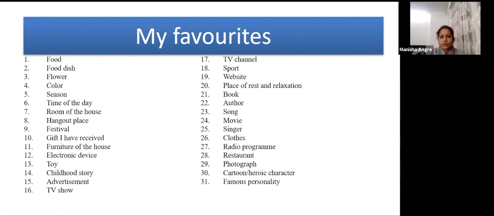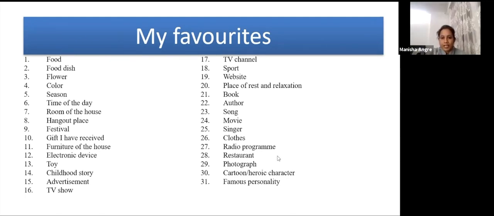You would be able to speak much on that. Songs, movies, singer. Clothes, radio program. People like to listen to FM radio, so they may like to speak on something about that. Restaurant, photograph, cartoon or a heroic character, and famous personality. These are some of them. This is just to give an idea on what type of topics or questions you may have when we talk about my favorite.